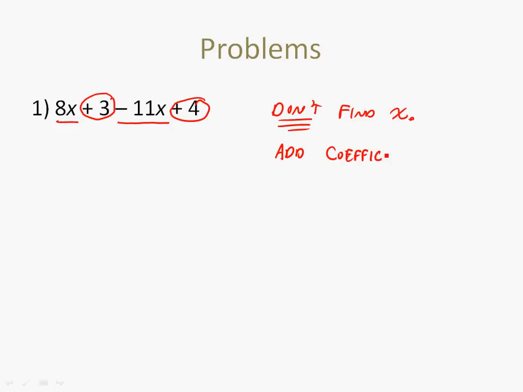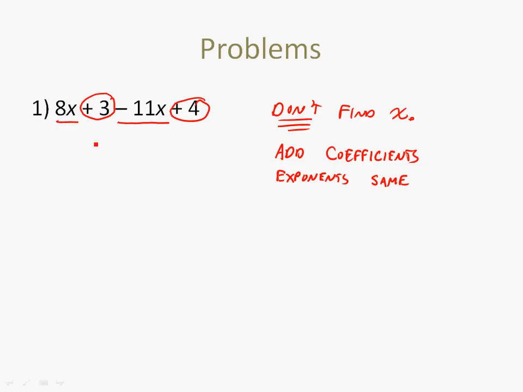And remember from the last video, coefficients are the numbers that are in front of the variables. And the exponents will not change. They'll be the same. Just like we talked about in class, if you add 6 apples and 4 apples, you're not going to end up with 10 oranges. You're going to have 10 apples. So same thing, when you add x's to x's, you don't end up with x squareds. You still have x's at the end.